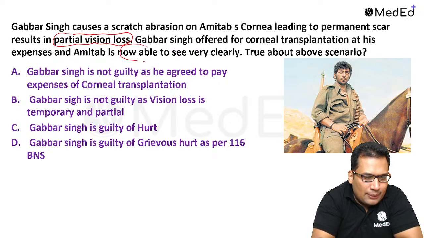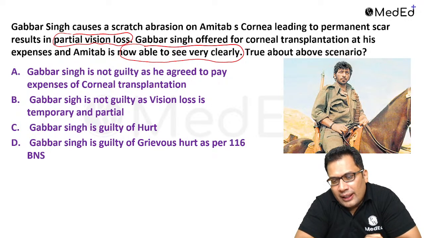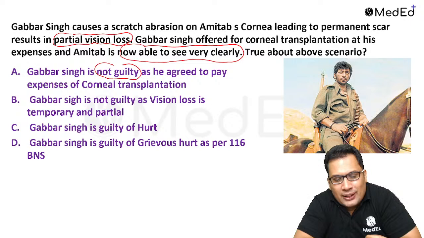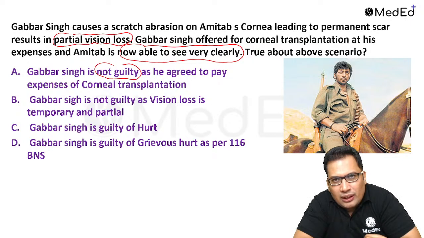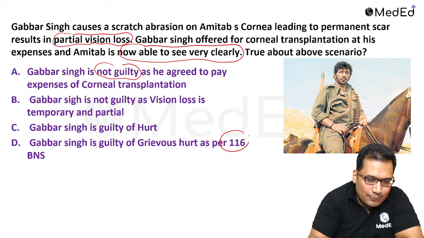Now the victim is able to see very clearly. Which is true about the above scenario? He is not guilty as he agreed to pay the expenses of corneal transplantation. Not guilty because the vision loss is temporary and partial. Guilty of grievous hurt as per 116 BNS.